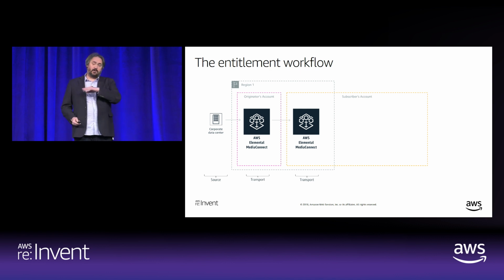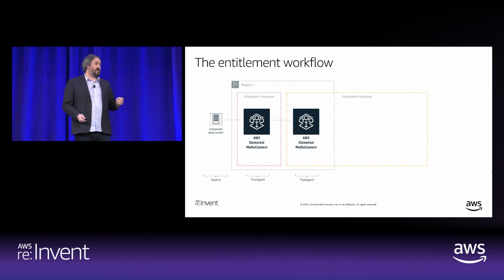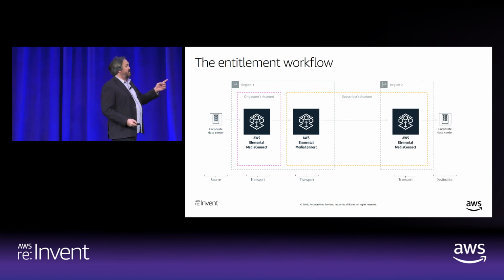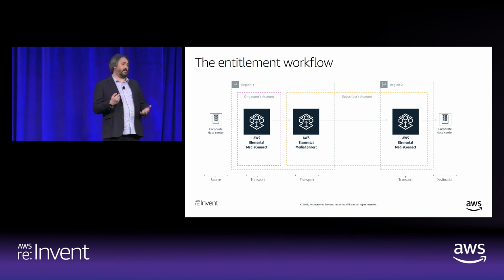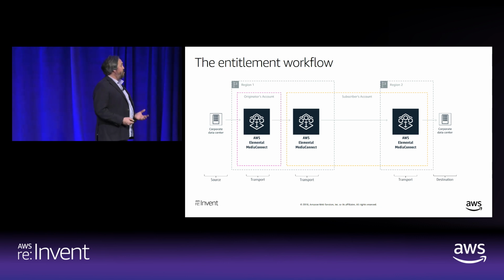They'll actually see it, and we'll show you a little demo of that in a bit, but you actually see the entitlement in the list. You select it, and at that point, we connect the dots between the 2 flows, and content starts to flow between the 2. So it's a really, I think, very powerful concept. It's simple in nature, but really gives you a lot of flexibility when it comes to content sharing with third parties and partners.